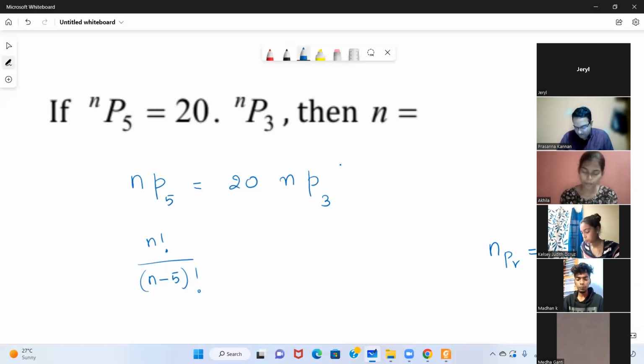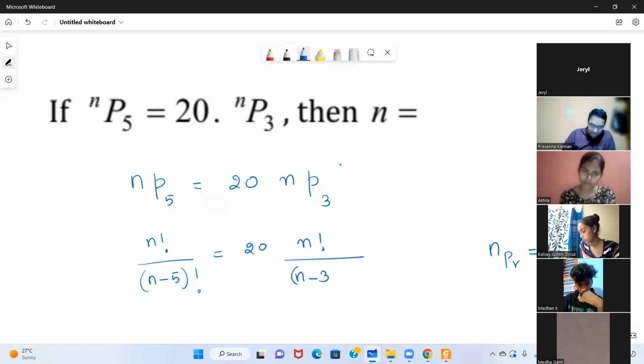Yes. So nP5 will be n factorial by n minus 5 factorial, and that will be equal to 20 into n factorial by n minus 3 factorial, right?